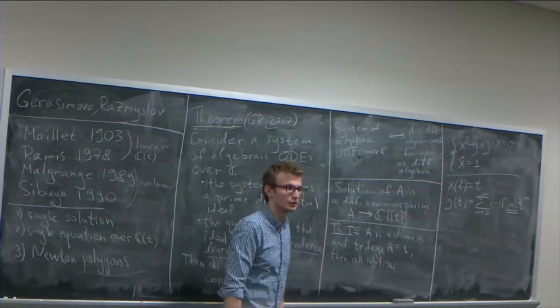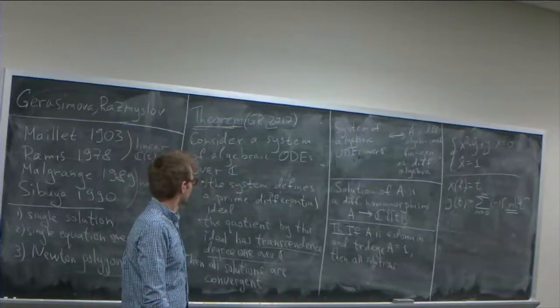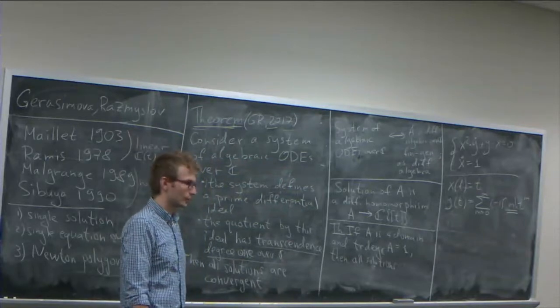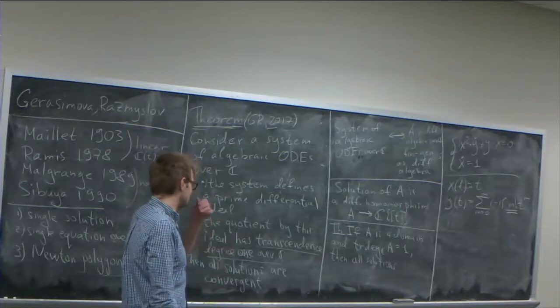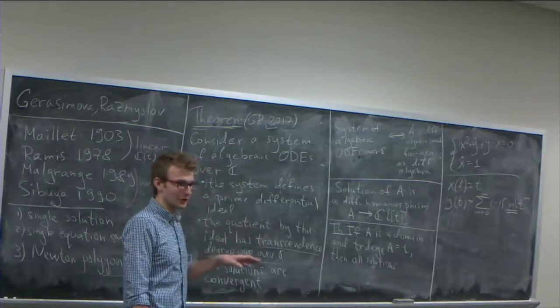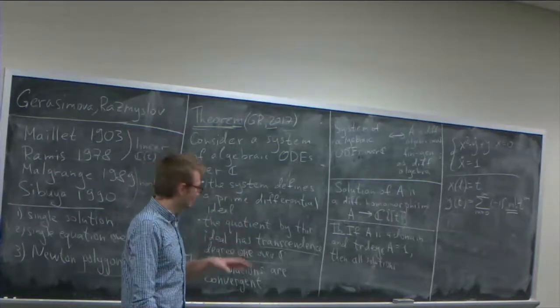Okay, but this first bullet might look scary to people who don't want to talk about differential algebra, and this result might look nicer. Yes, that's right. It's a good question how to present it to different audiences.